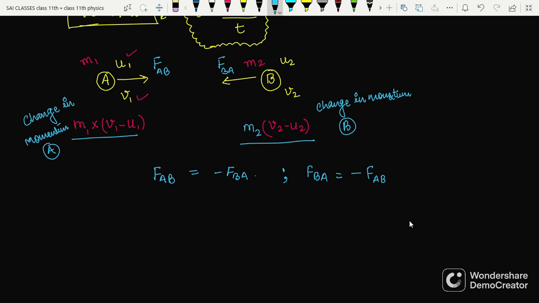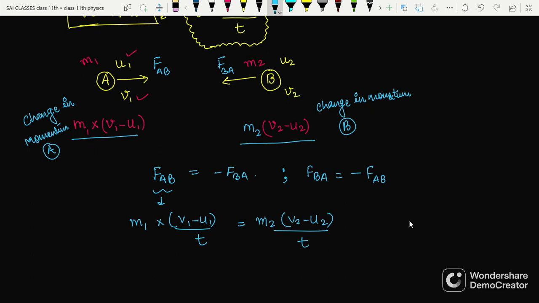We know that force is mass into change in velocity upon time. So we can write F of AB as m1 into v1 minus u1 upon time t, and F of BA as m2 into v2 minus u2 upon t.